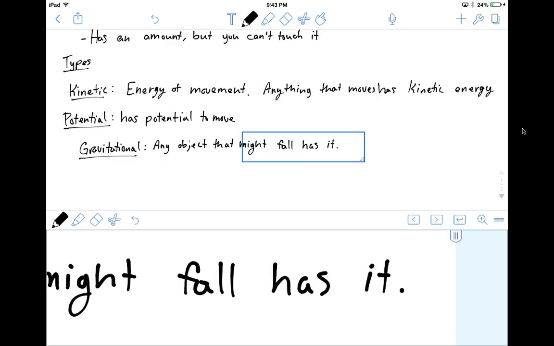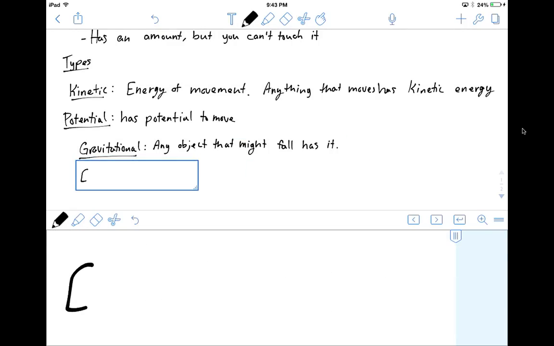The other type of potential energy is called elastic potential energy.